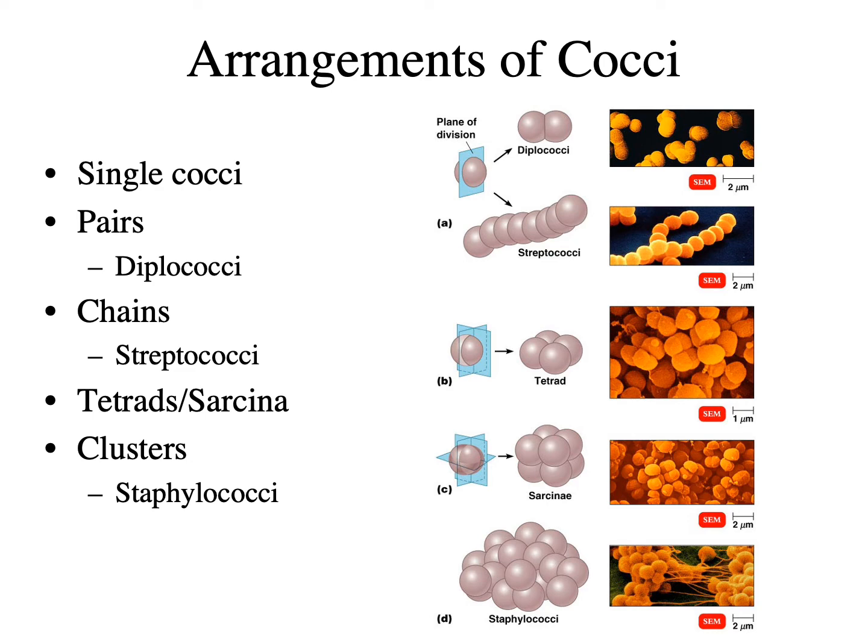When they form a block or a little square, they are sarcinae or sarcina. When they form a cluster, when they're all clumped together, that is the staphylococci formation. That's the arrangement. The cluster or the clump is staphylococci.